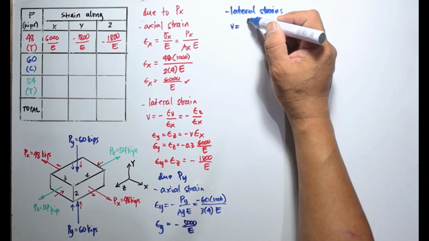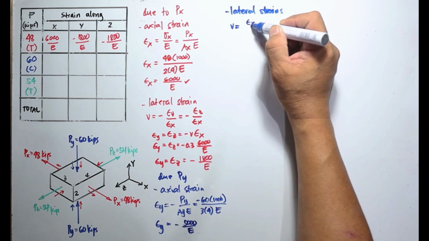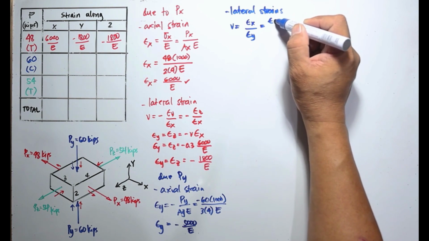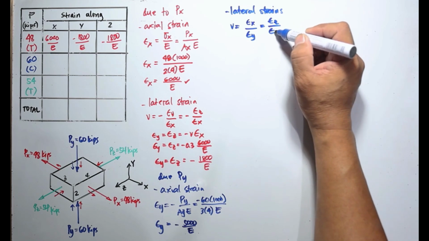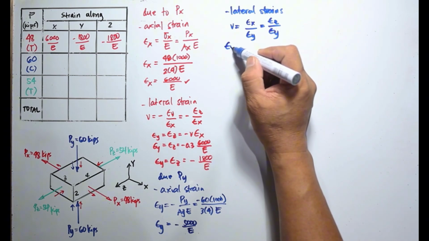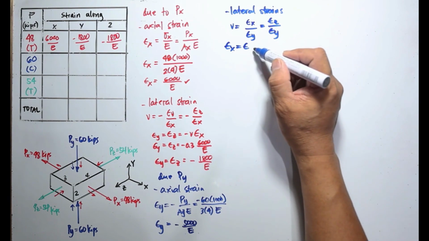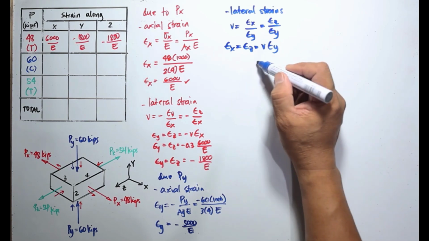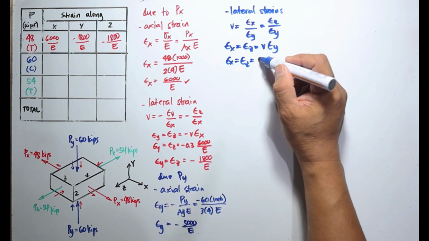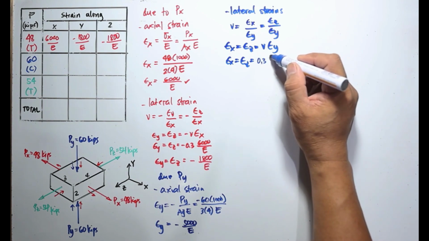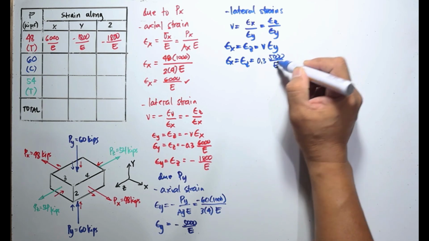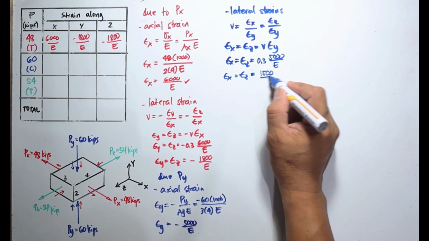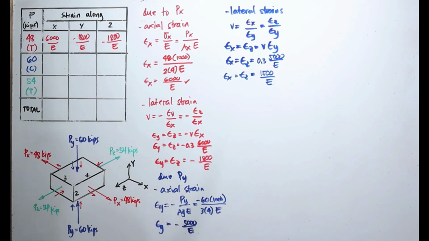So this is strain along X divided by strain along Y equals also to strain along Z divided by the strain along Y. So the strain along X, which is equal to the strain along Z, is Poisson's ratio times the strain along Y. This is positive 0.3 times 5,000 over E equals positive 1,500 over E.